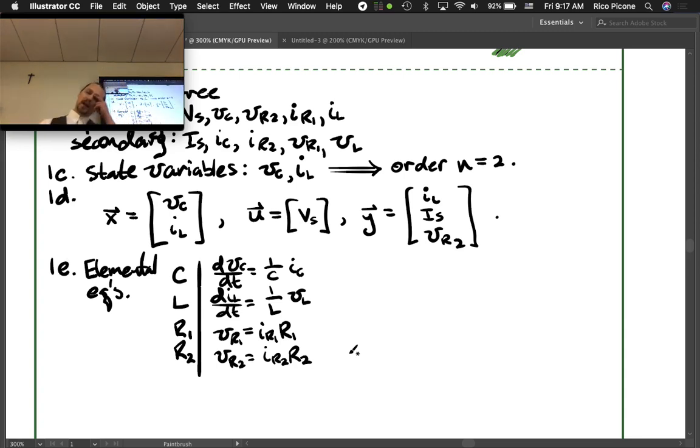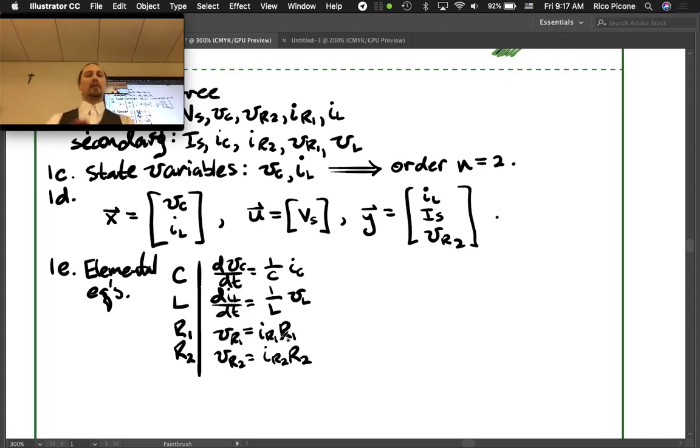Now, something that I didn't put in the directions explicitly, but that will become apparent in a minute, is that it makes sense to solve for the primary variables in the elemental equations. The primary variables are always the time derivative variables for the energy storage elements, but they can be VR or IR.